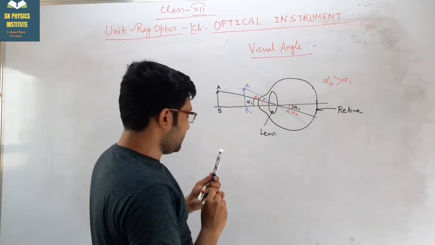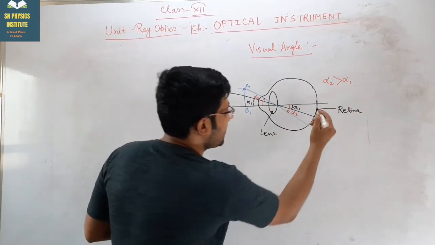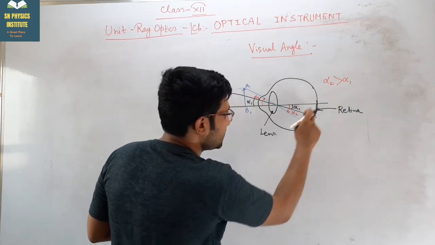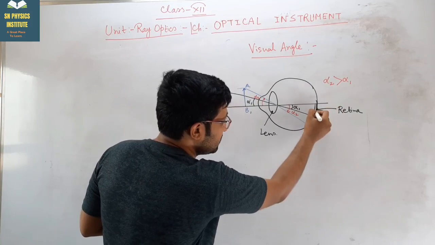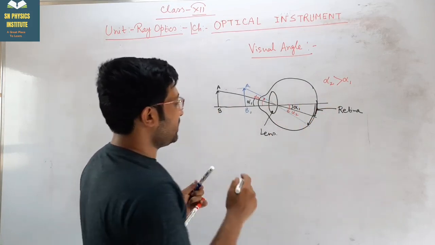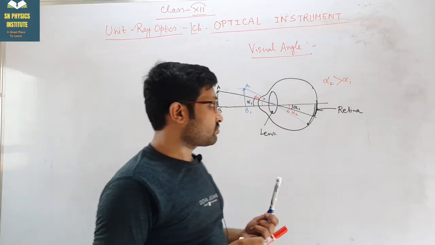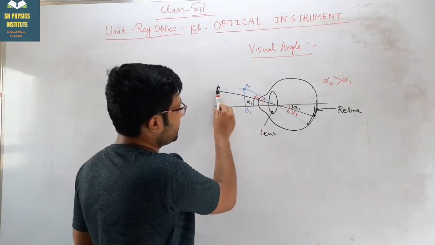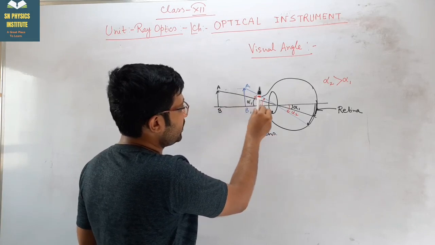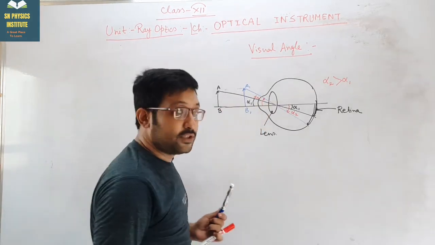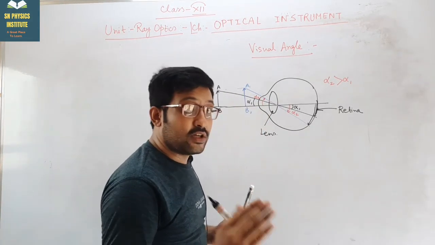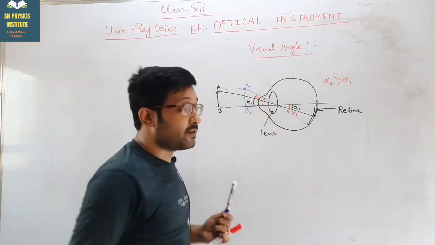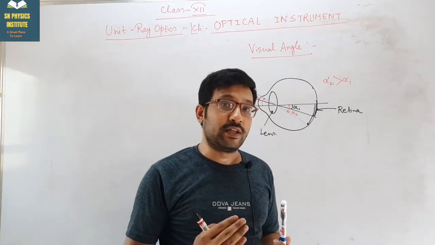The previous image was formed here, and it is smaller in size than this final one. So you can observe that if the AB object is near to our eye, it makes a larger visual angle. For that reason we see the same object bigger if it is very near to our eye.